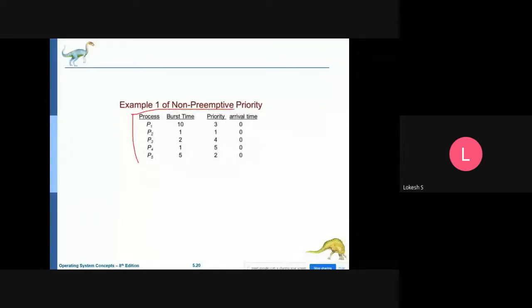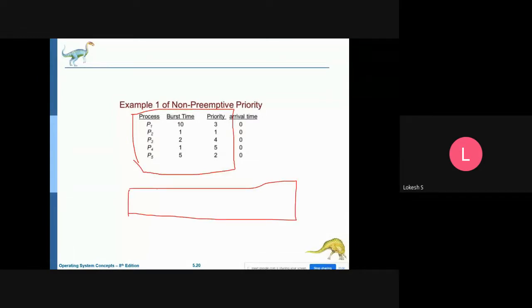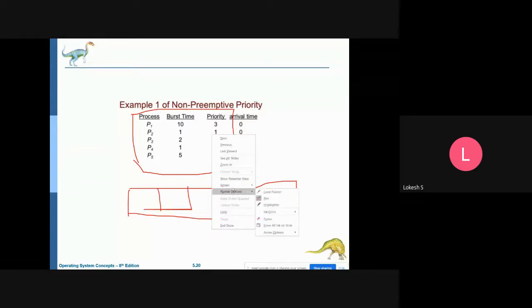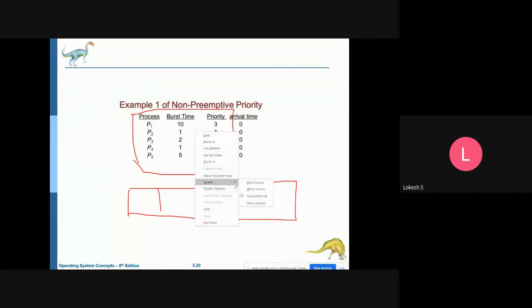So, anyone? There are 5 processes. So I'm drawing process 1, process 2, 3, 4, and 5.